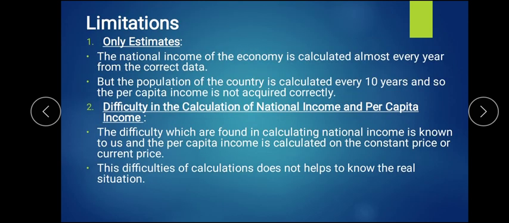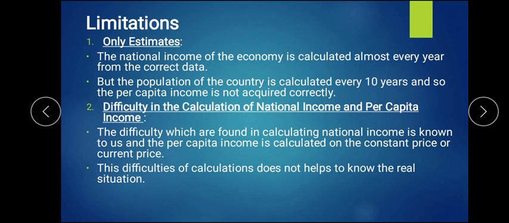Then comes the limitation. It is only an estimate, because it is an average. It does not show correct data every year, because population is calculated every 10 years, so for 10 years the population remains the same. We know it was 121 crores from 2011, but at present there are more than 130 crore people in India.